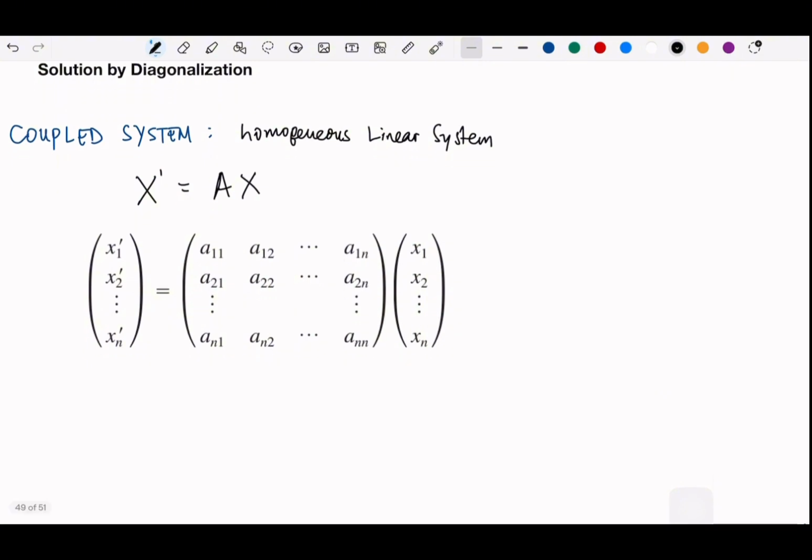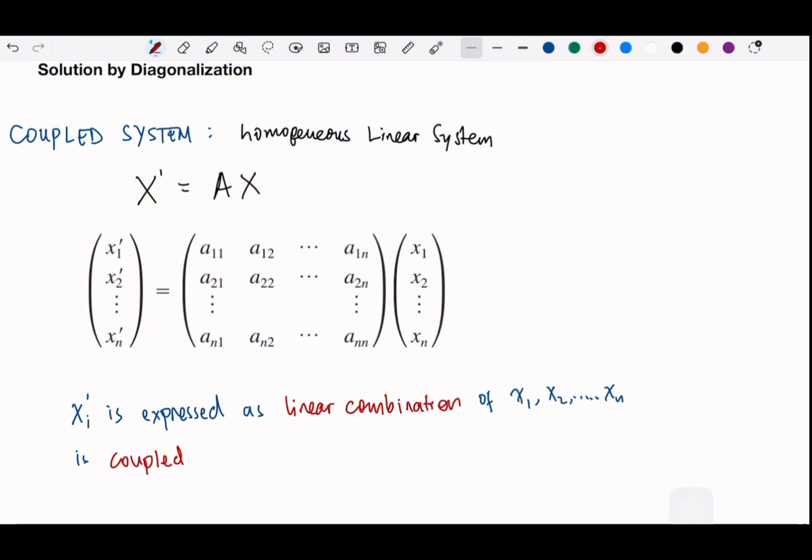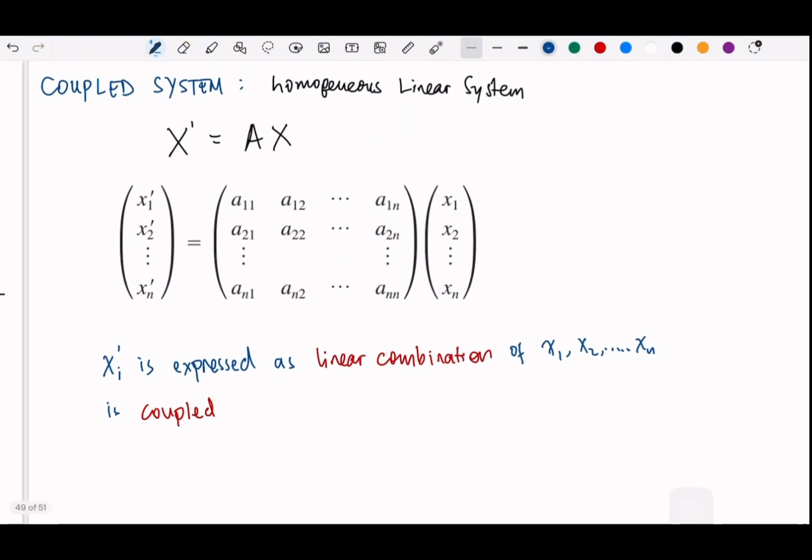So this could be understood as xi prime is expressed as linear combinations, as we have seen from our differential equation standards, of x1, x2 until xn. This is what we call coupled.